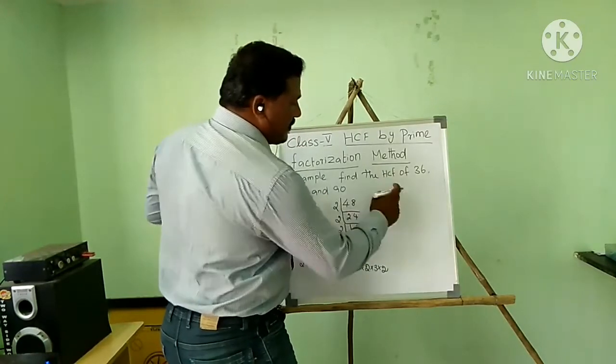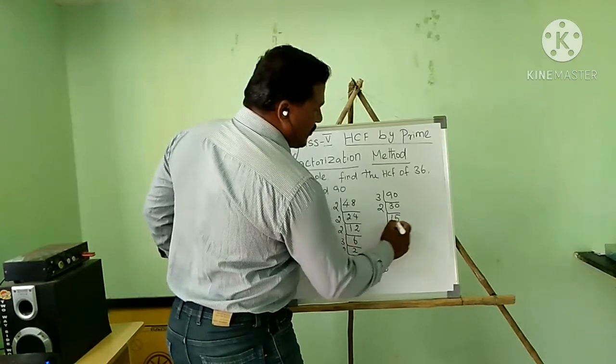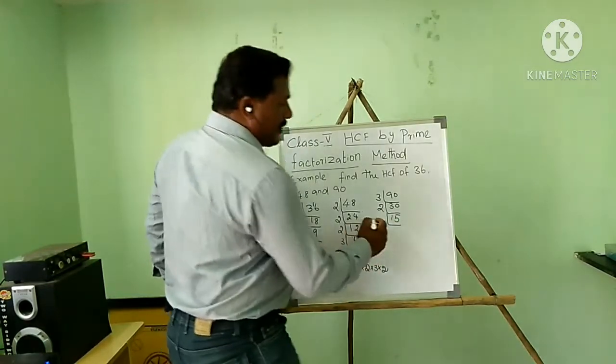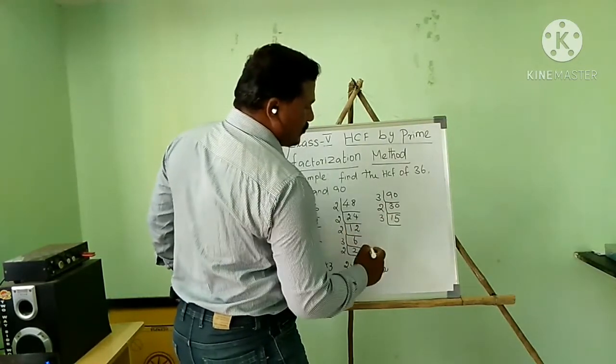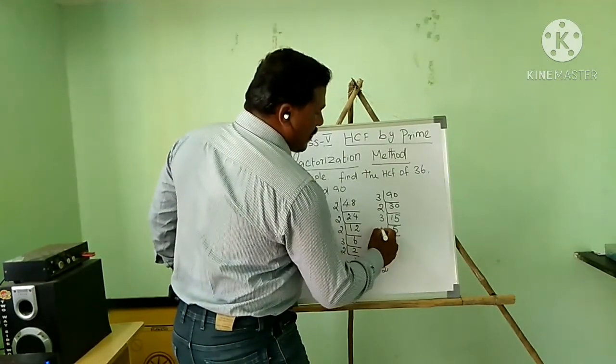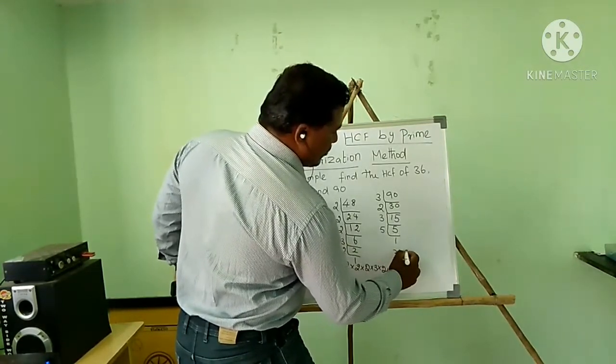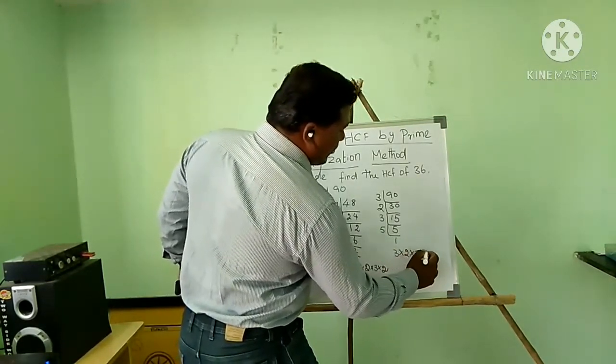Now 2 15's are 30. Now 3 5s are 15. Now 5 ones are 5. So these are 3 into 2 into 3 into 5.